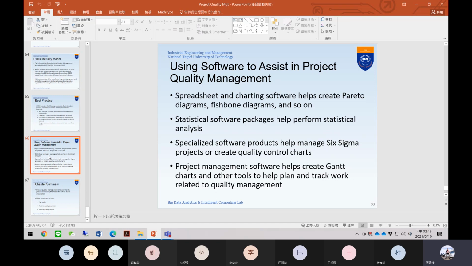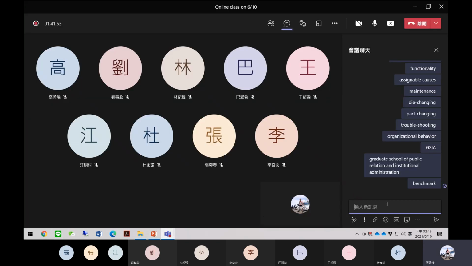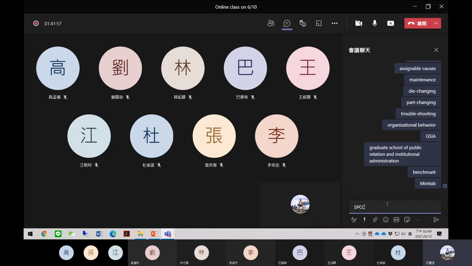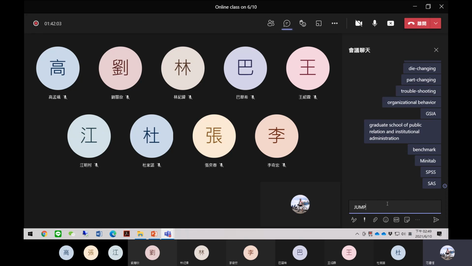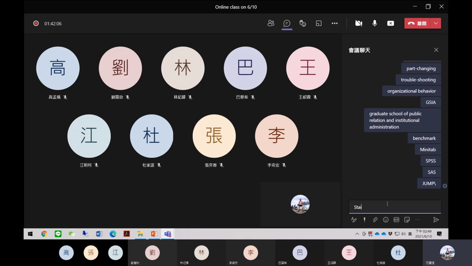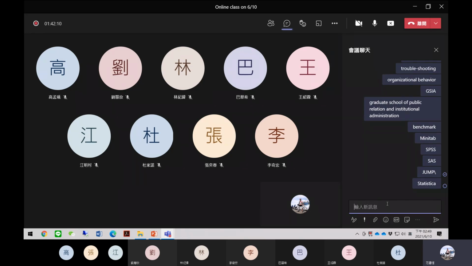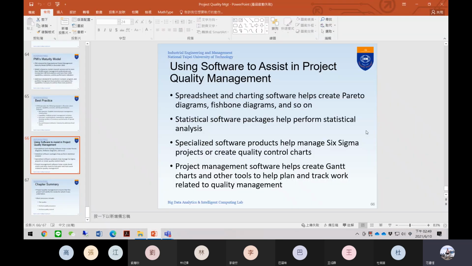And statistical software packages like Minitab or SPSS, I'm sorry, or SAS or JMP, yeah, there are quite famous software packages, help perform statistical analysis.